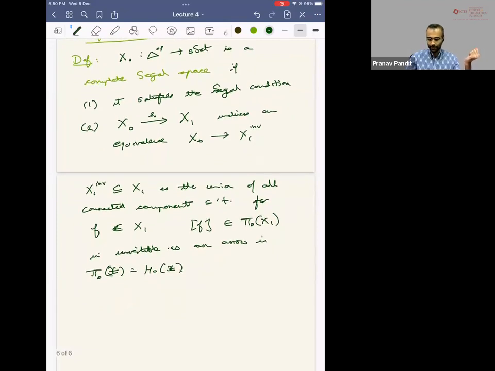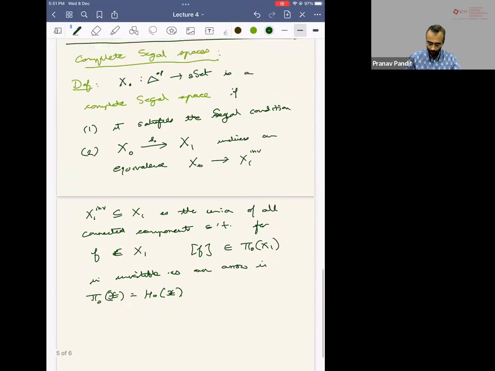And I want the degeneracy map to induce an equivalence of objects with all invertible arrows. So this encodes that the two ways of thinking about invertible arrows would be consistent. I can either think of an invertible arrow as a path in x naught, which is my infinity groupoid, or I can think of it as an element of x1. And I want those two things to agree, and that's what this axiom does for you.